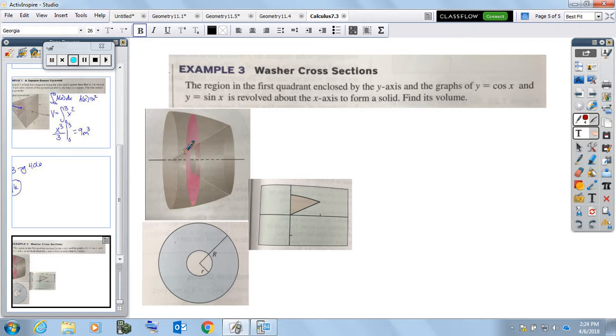This is the empty part of it. So if I slice it through, I end up with this hole in the middle. And the hole will change as I get farther down the x-axis. So you want to think, in this example, this is the face of the cross section that we are seeing, that I'm outlining right now.